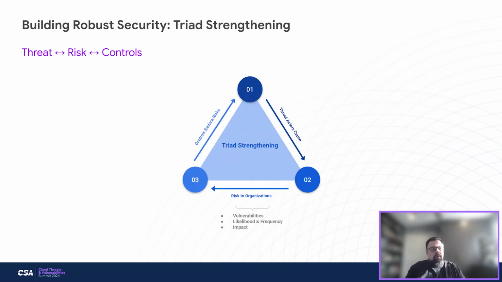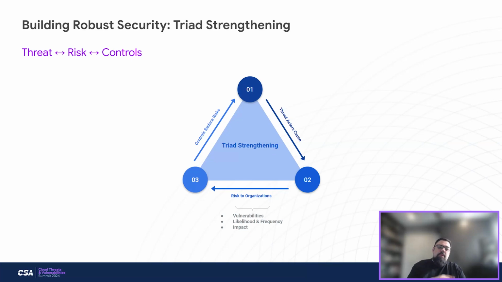As we look at the overall process, there are three aspects to this triad: the threats, the risks, and the controls, right? With the threat actors introducing risk, organizations responding to risks through controls, and those threat actors potentially adapting their methodologies and tactics, or exploiting other methods, in order to, again, reintroduce risk and gain access.